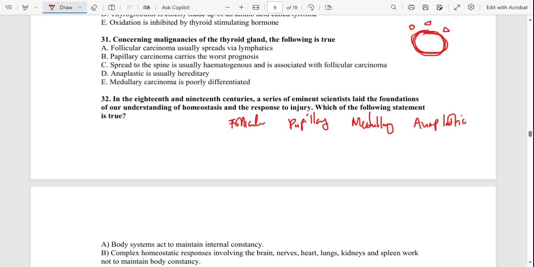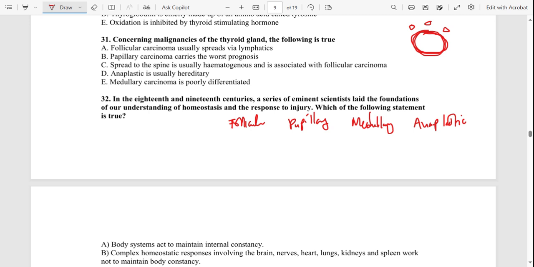And then when it comes to the treatment, for the one that has the worst prognosis, the anaplastic, normally that one is palliation. For palliation you can do surgery, radiation, or chemotherapy. And then for the medullary, you do surgery where you do a total thyroidectomy to remove the gland.